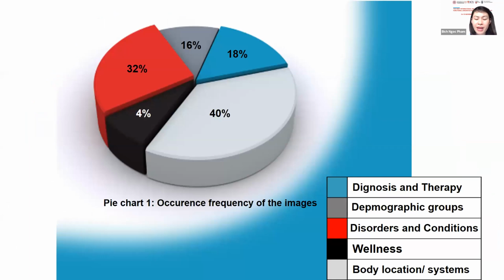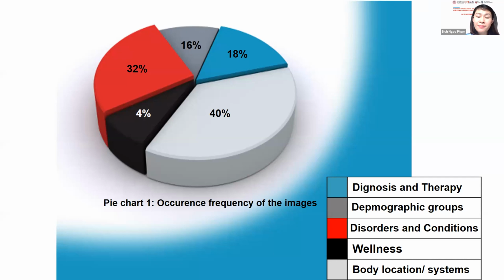Firstly, the analysis of occurrence frequency distribution of the images in the 3 medical textbooks shows that 40% of images concern the body locations and systems that are related to anatomy illustration, especially in the lessons of medical terminology. 32% of the visual images are used to illustrate health disorders and conditions, especially disease and system.